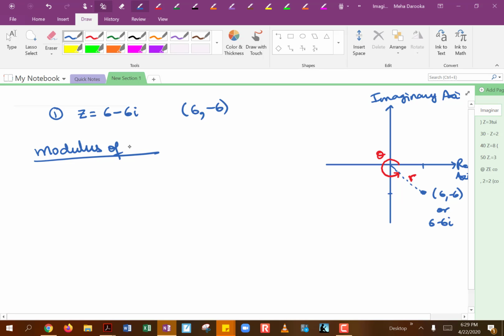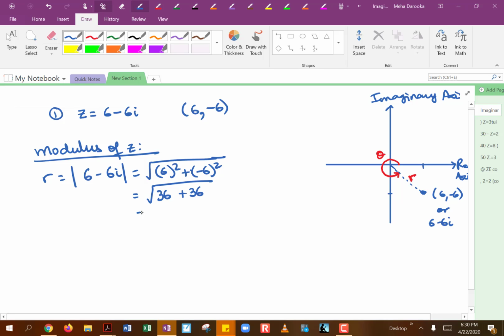Sorry, that should be modulus of z. So that's going to be taking the absolute value of our complex number, which will be defined as square root of 6 squared plus negative 6 squared, which will of course give us square root of 36 plus 36, and that of course comes out to be a total of 72.